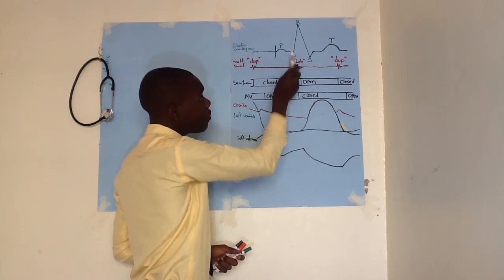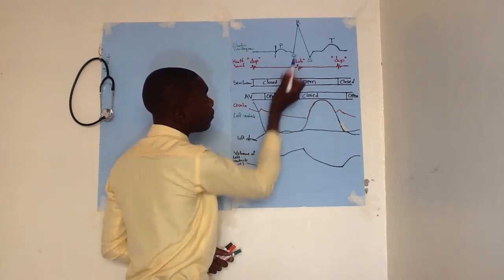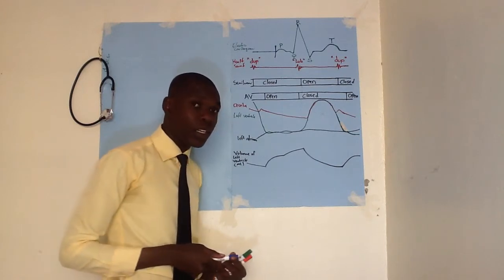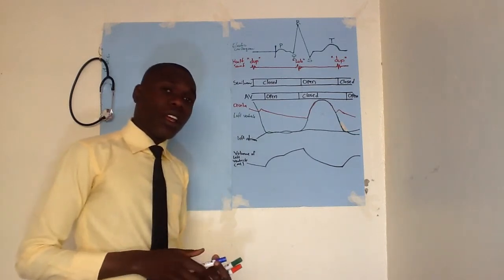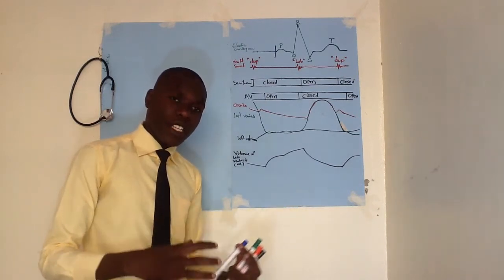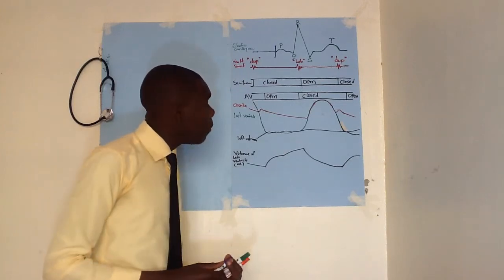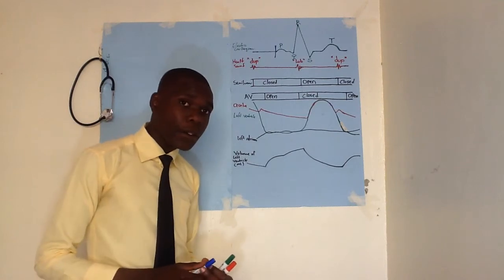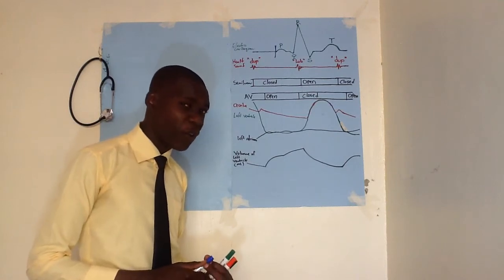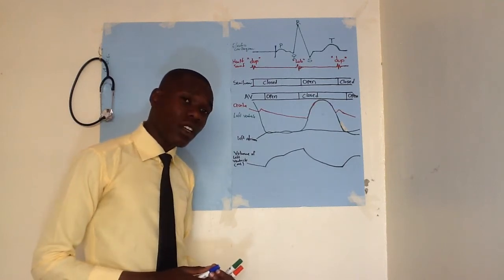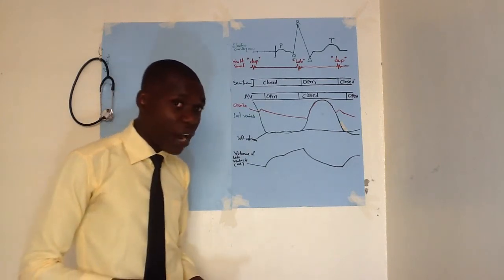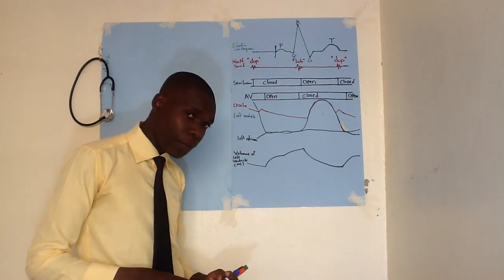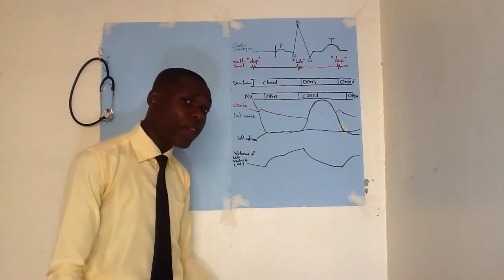At this stage, what is happening is that the charge is being collected by the atrioventricular node, and it is going to be sent down the way to the ventricles.